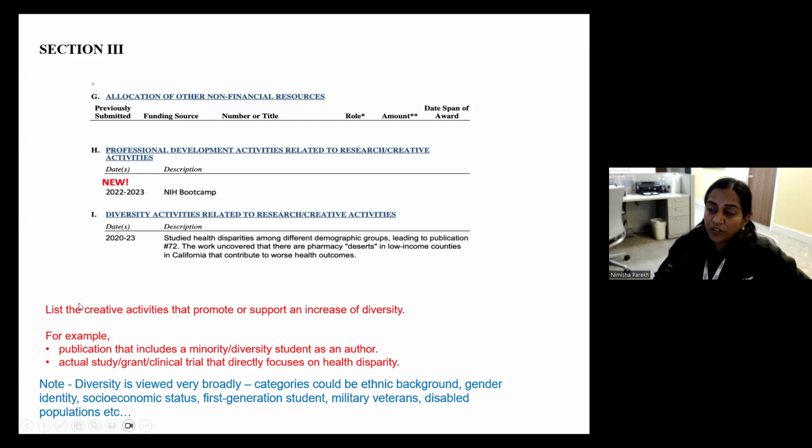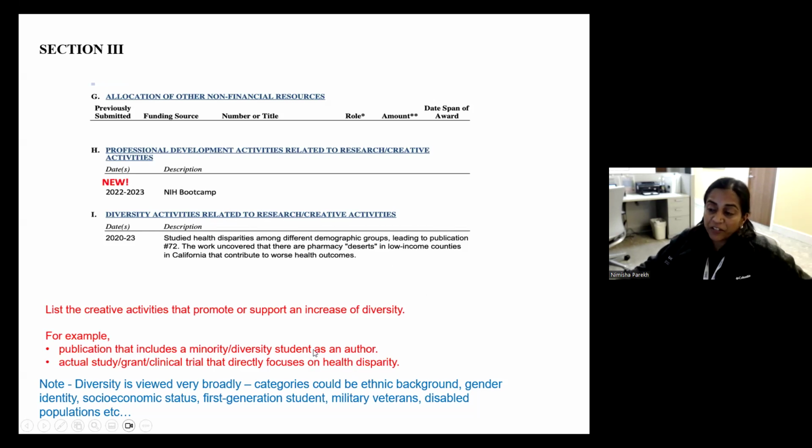So list all the creative activities there. And then as we go to diversity activities as it relates to research and creative activities, if you did research in an area looking at health disparities, this would be the area to include that. If you have a publication that includes a minority diversity student as an author, you could include that here.